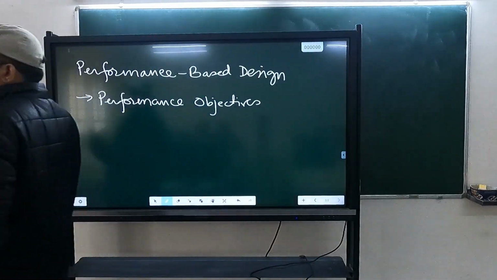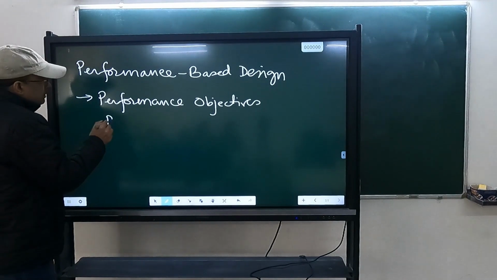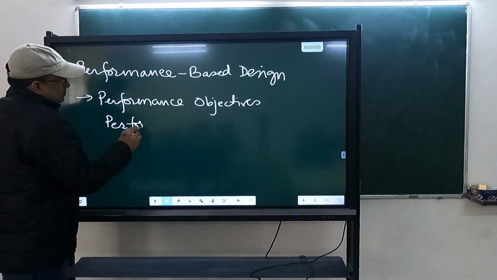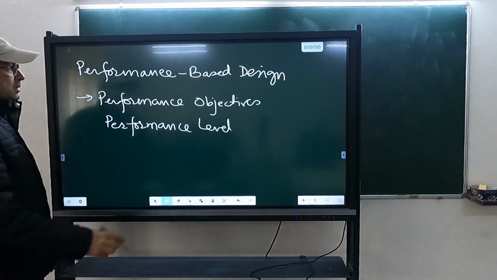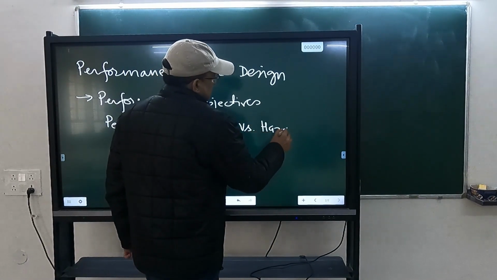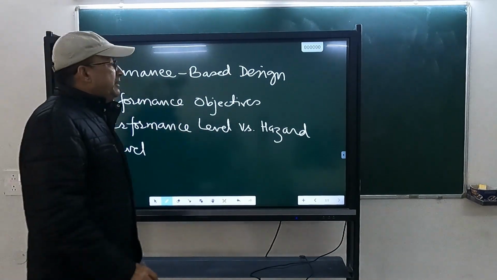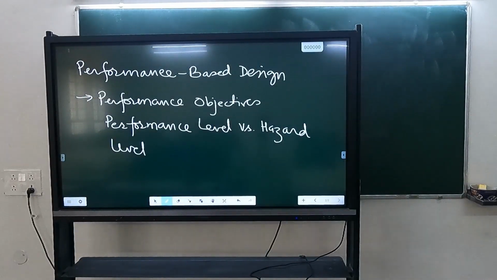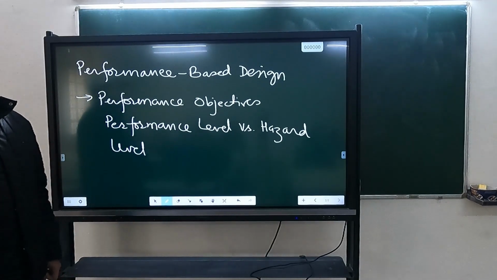And when we want the performance to be defined, it needs two parameters. One parameter is the performance level, and that performance level corresponds to a hazard level. And there can be a single performance objective, there can be multiple performance objectives. Okay, so you have to define the performance level of the building corresponding to a hazard level.